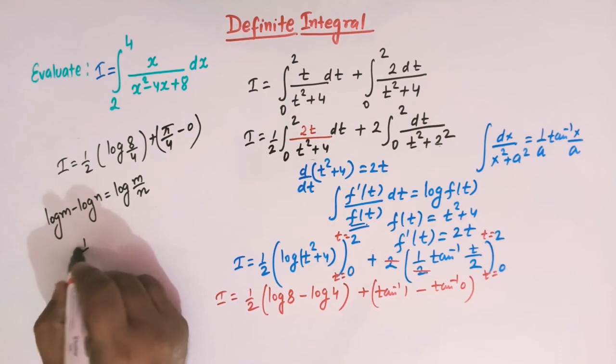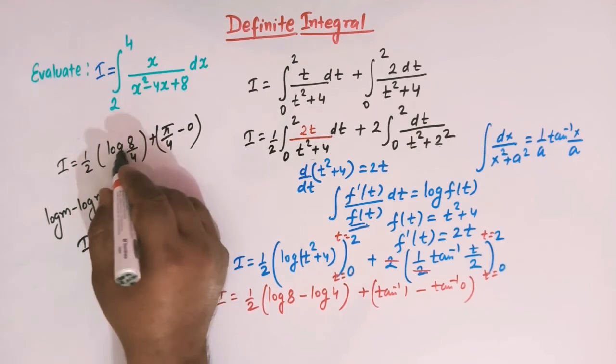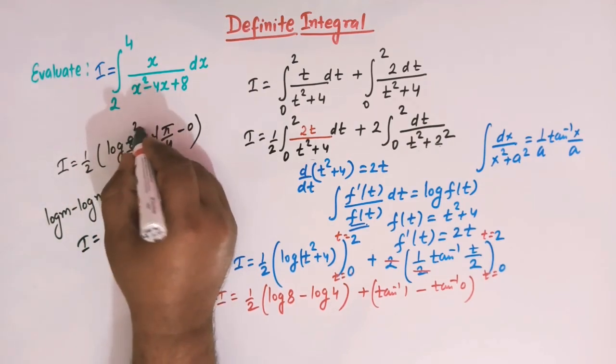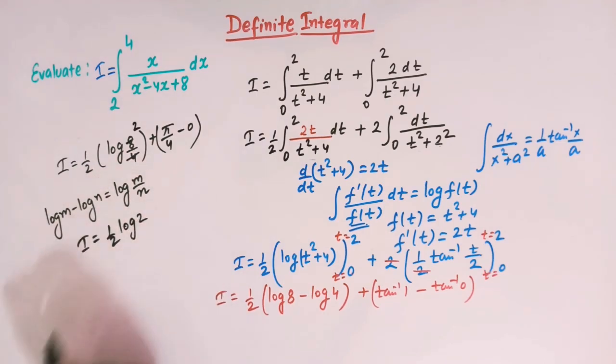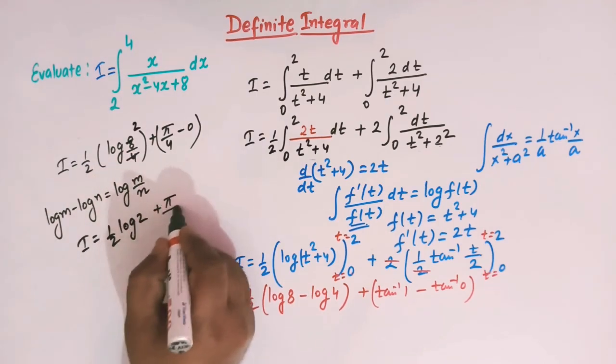So now I is equal to half, and 8 over 4 is 2, so we have half of log 2, plus pi over 4.